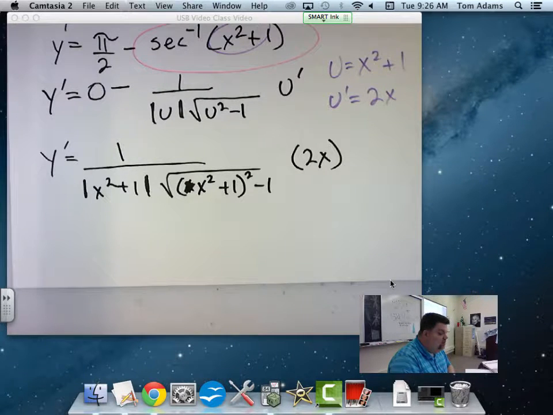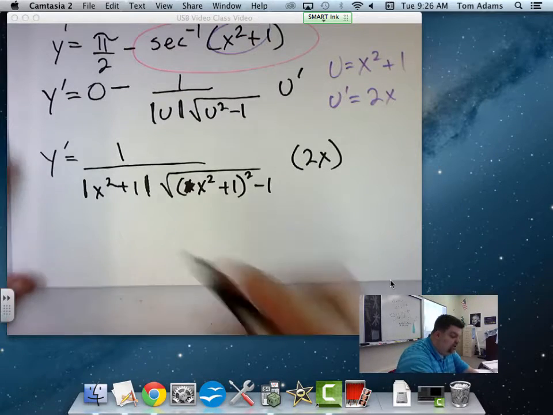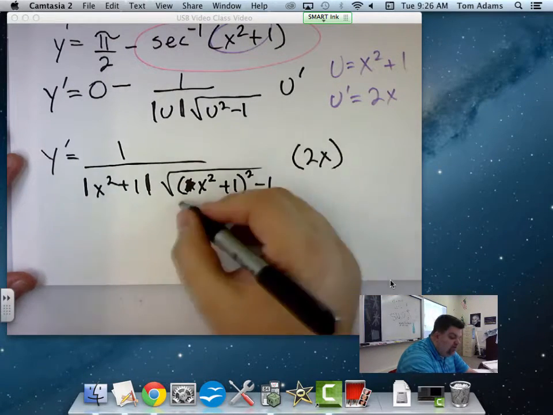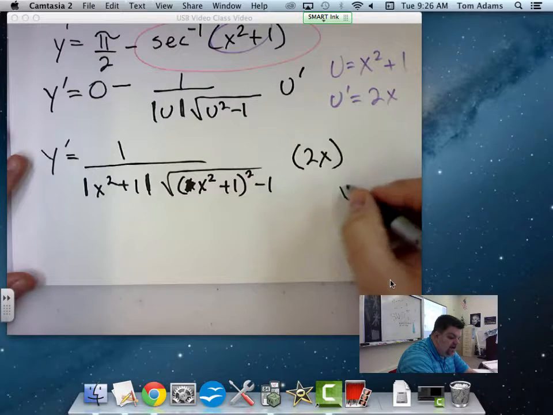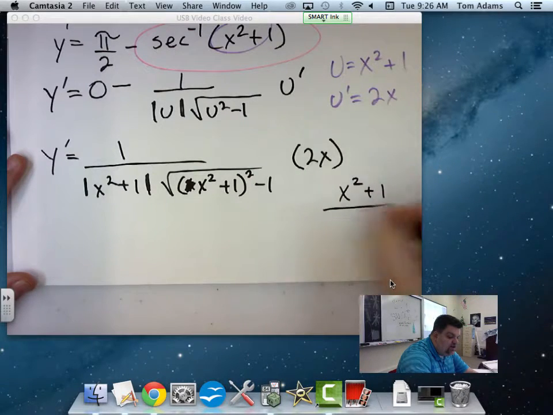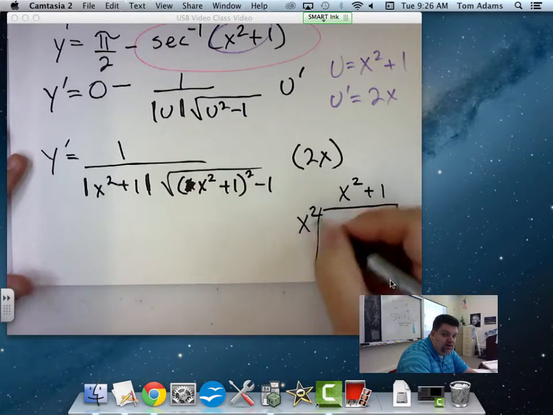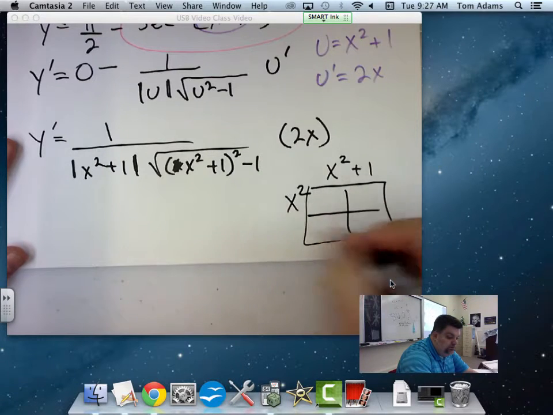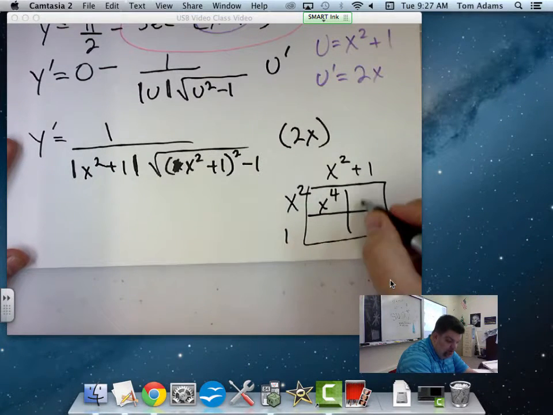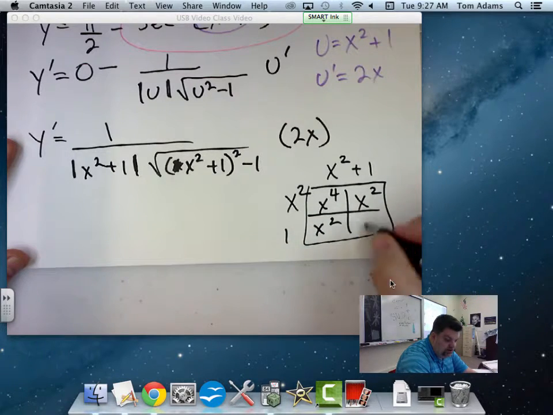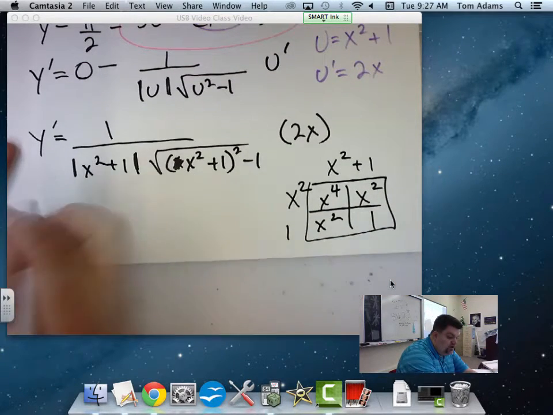So now, to clean this up a little bit, I'm going to FOIL out this. So I have x squared plus 1 times the quantity x squared plus 1. So I've got x to the 4th, 2x squared, and then 1. All right?